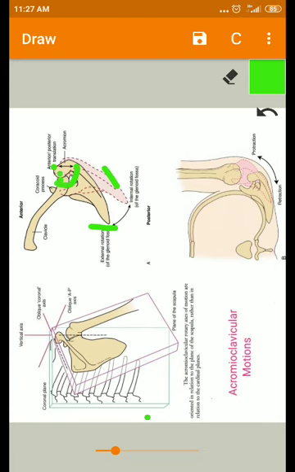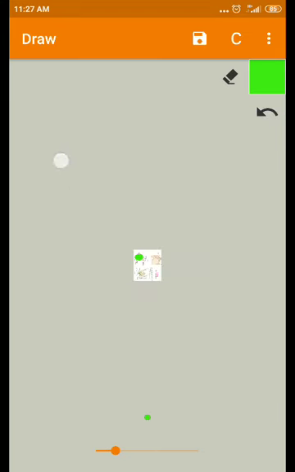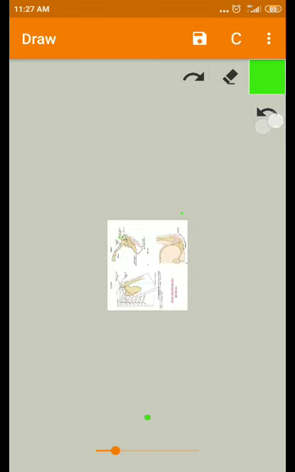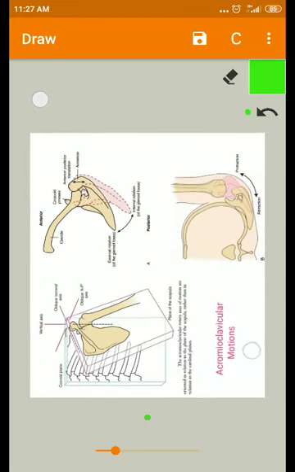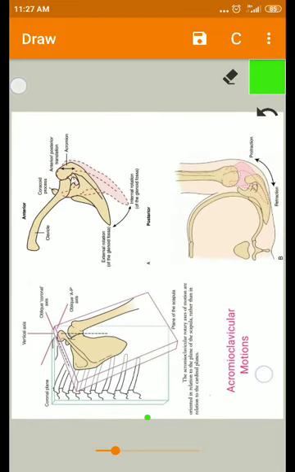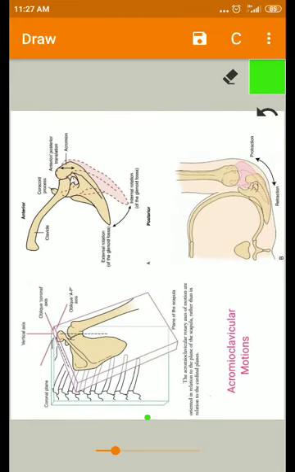Here, internal and external rotation of the scapula causes anterior and posterior translations at the acromioclavicular joint. This is the arthrokinematics of the acromioclavicular joint during internal and external rotation of the scapula.